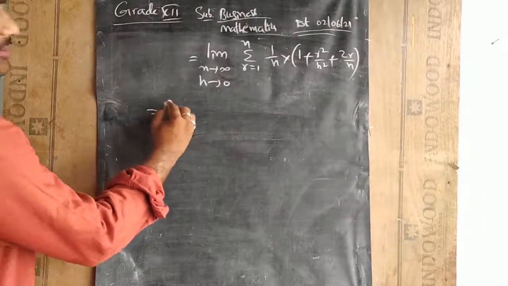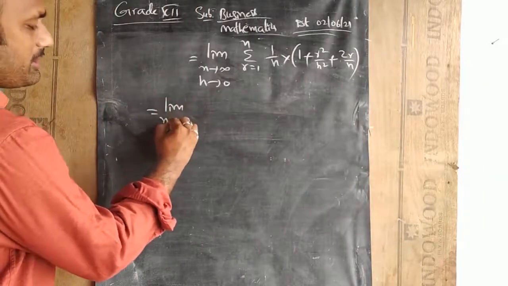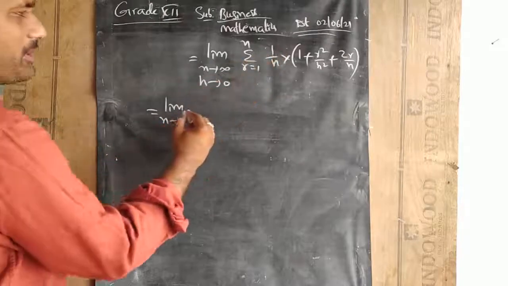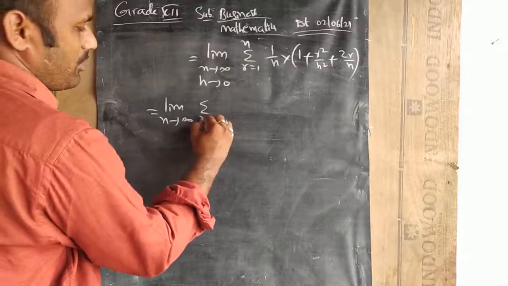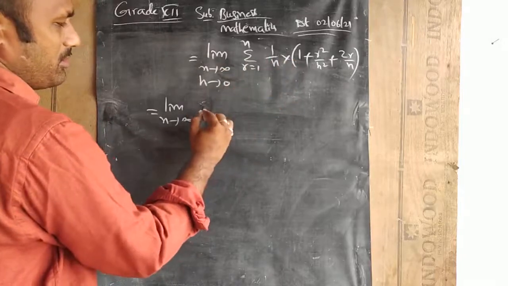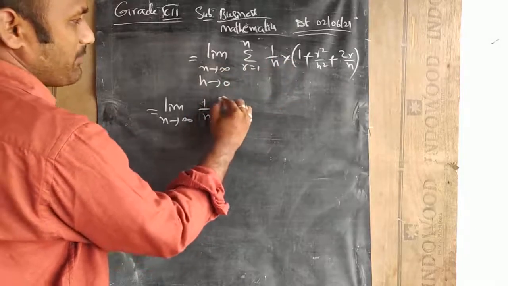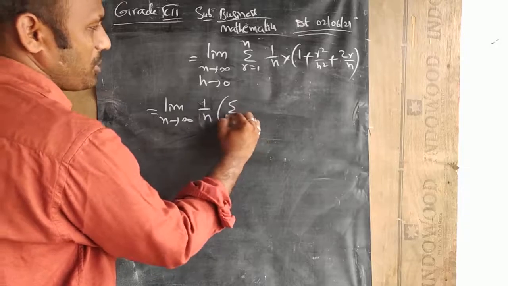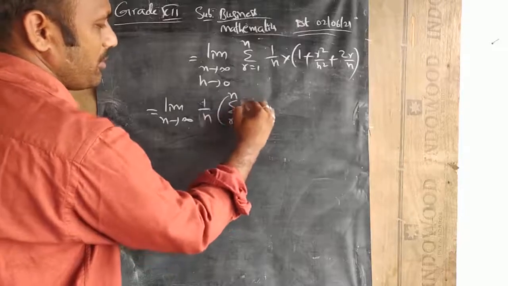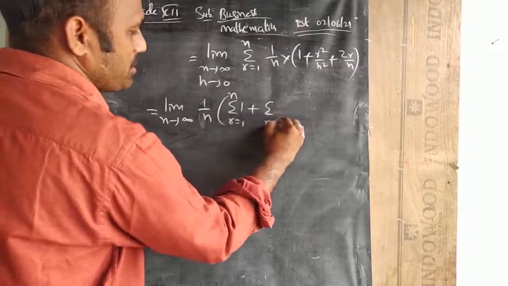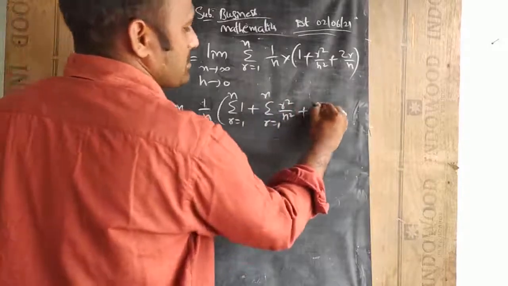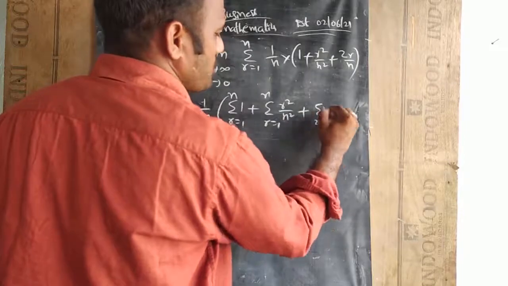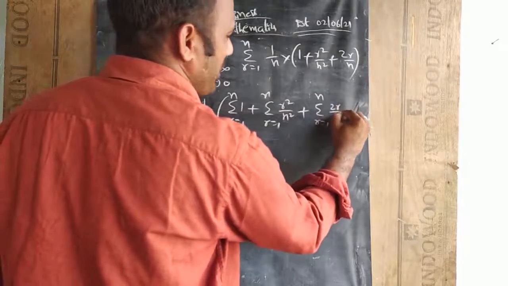Let me write here: limit n tends to infinity. We can take 1 by n outside. So let us apply summation for the remaining: summation r equals 1 to n of 1, plus summation r equals 1 to n of r square by n square, plus summation r equals 1 to n of 2r by n.